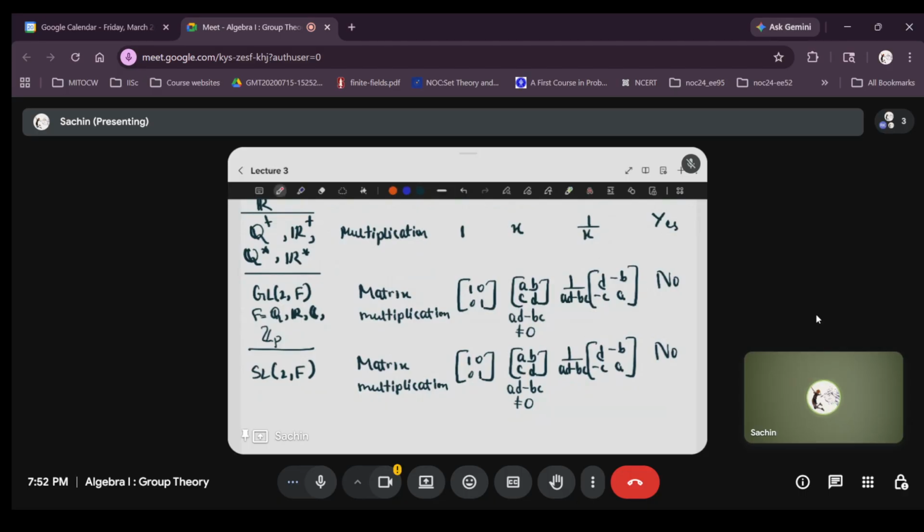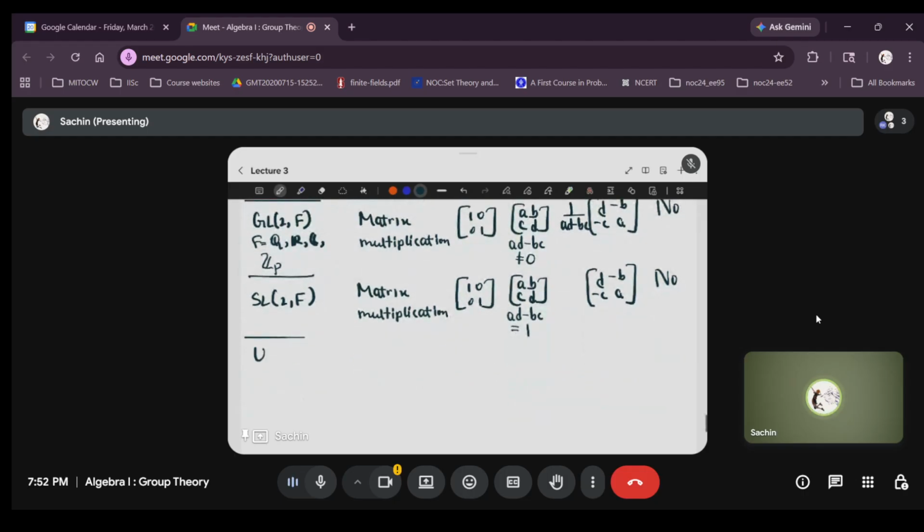Identity is [[1,0],[0,1]]. The form of the element is [[a,b],[c,d]] with ad minus bc equal to 1. So that's the special linear group. Since ad minus bc is 1, the inverse is simply [[d,-b],[-c,a]]. Again, that is also not commutative.